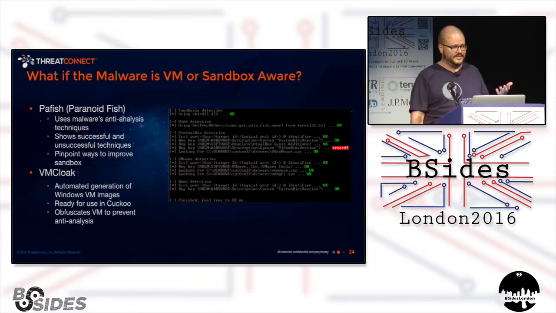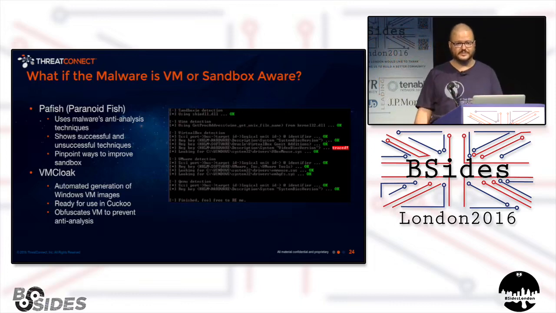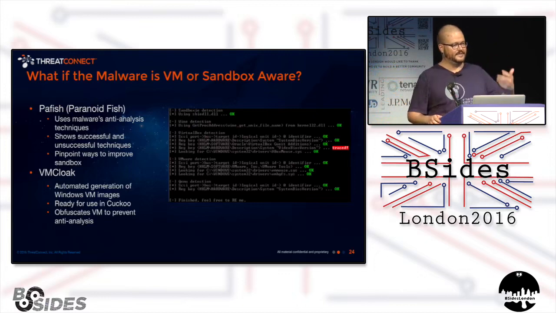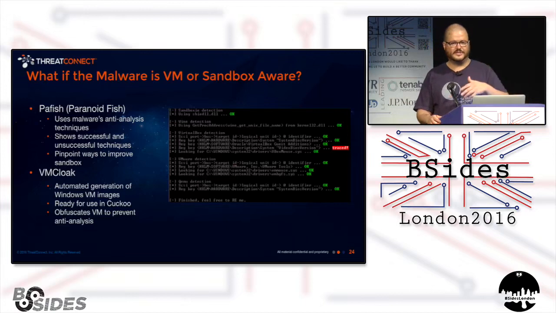And so, this begs the question, how do I correct for all of these things that malware is going to detect? So there's another open source project called VMCloak, and VMCloak gets you two things. It actually dynamically builds your malware VM and installs software for you and installs the Windows registration key, but it also obfuscates all of these things that malware looks for as an anti-debugging and anti-analysis technique.